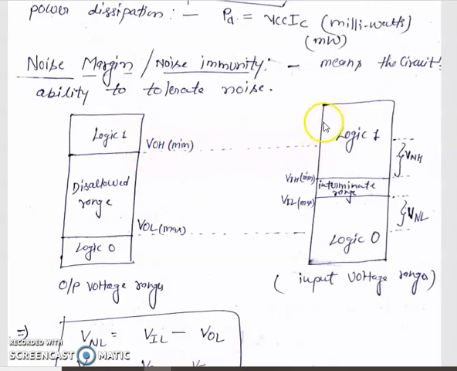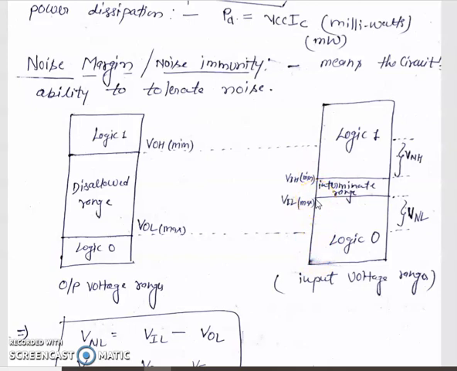In parallel to this, this is also logic 1 and logic 0. This is the input voltage range and this is the output voltage range. This is the input voltage range for logic 0 and this is the intermediate range. This is logic 1 minimum and logic 0, this is the maximum value.